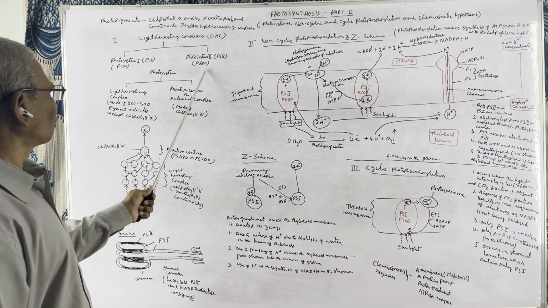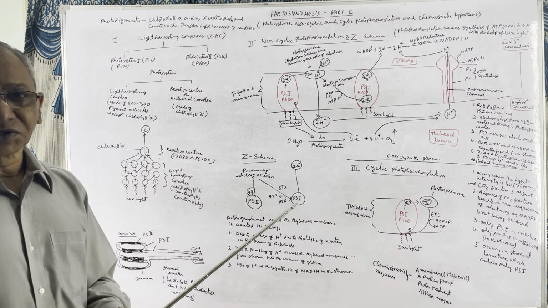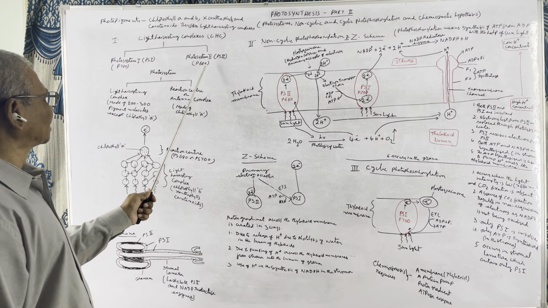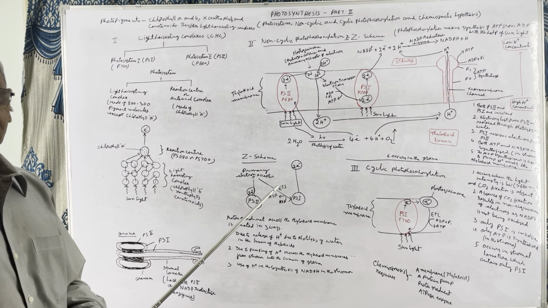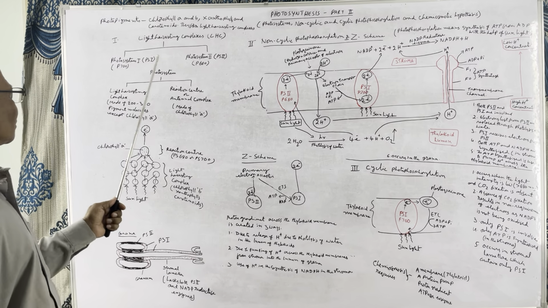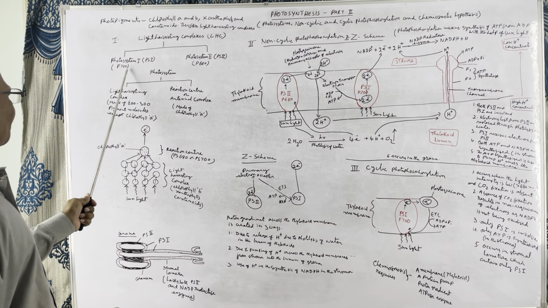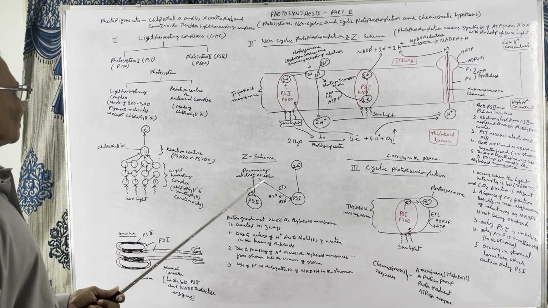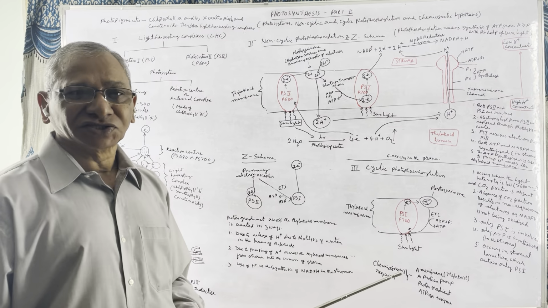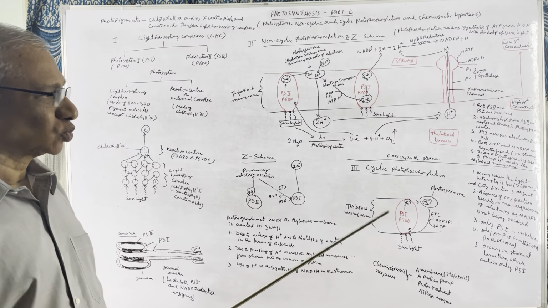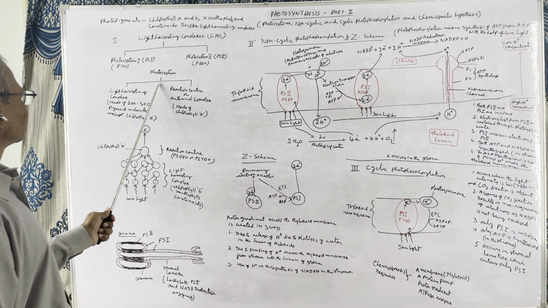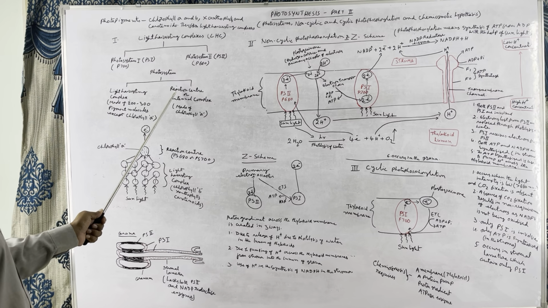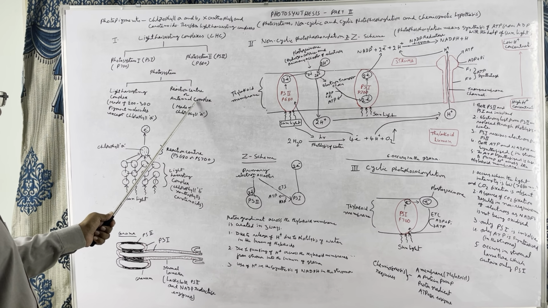In PS2, the activity is highest at the wavelength of 680 nanometers. So these are known as photosystem 1 or P700, photosystem 2 or P680. Each photosystem has 2 important components: one is light harvesting complex, the other one is reaction center or antennal complex.